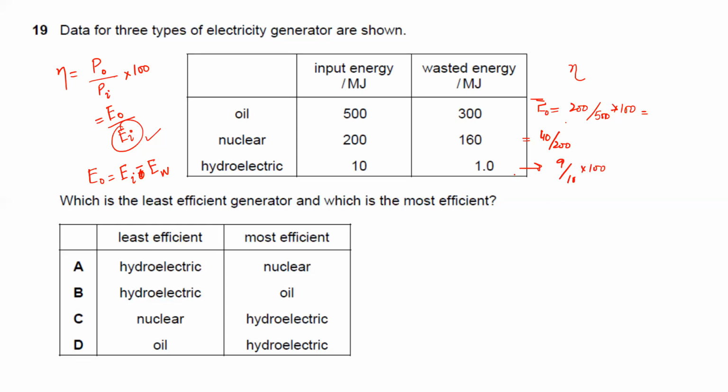So this is 90% efficient. This is approximately 25% efficient, and this is 40% efficient. So the most efficient is the hydroelectric one, and the least efficient is the nuclear one. So answer C is the right answer.